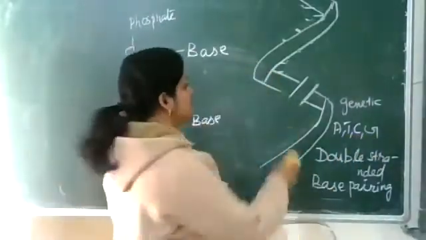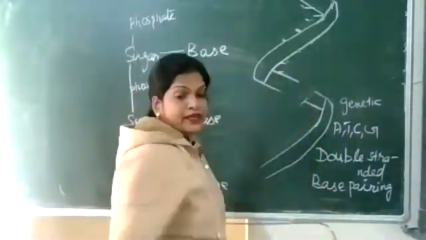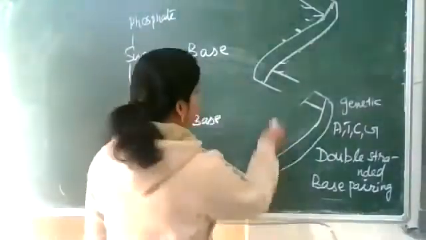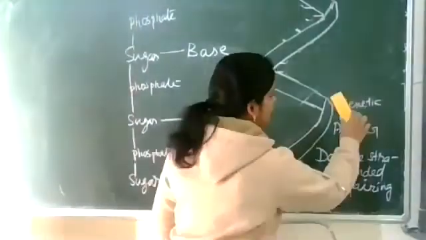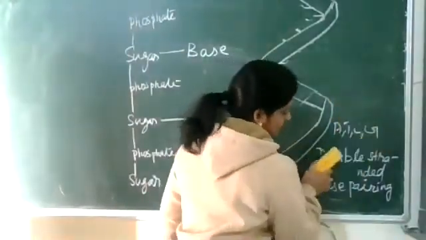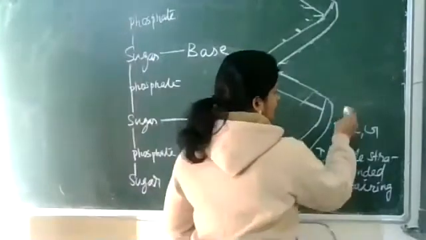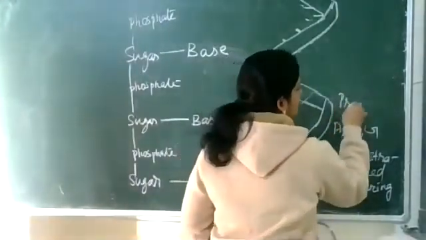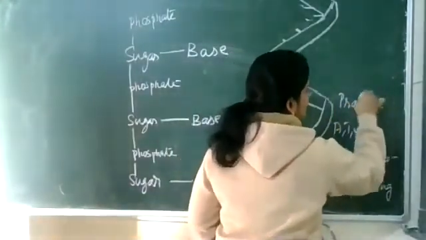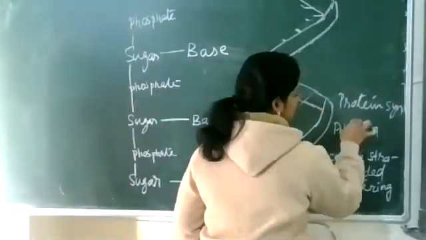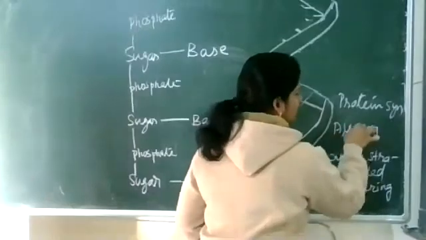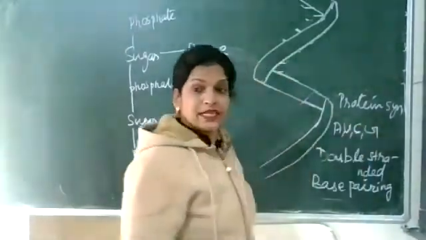These are the bases obtained when RNA is hydrolyzed. RNA is single stranded. The use of RNA is protein synthesis. The bases are A, U, C, G: adenine, uracil, cytosine, guanine.